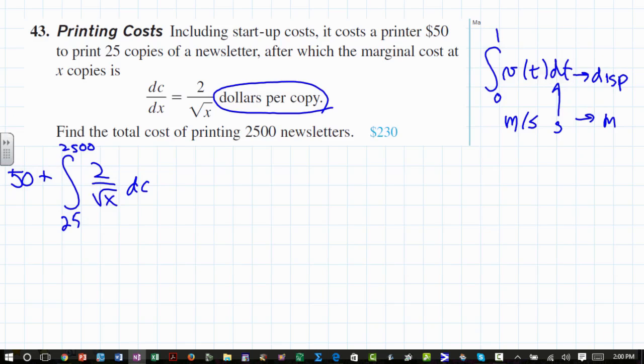But John's point is, does this x represent the number of copies after the initial 25, or after the 0th copy? I don't think the problem is written well enough that I can distinguish which one they mean by that x. If it says after which the marginal cost, to me at least your case has a stronger chance of being true.